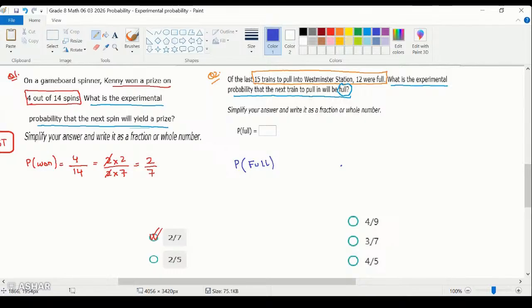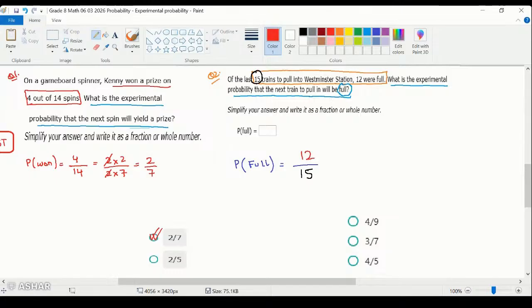Okay. How many total trains were there? There were 15 trains, right? And how many trains were full? They're saying 12 of the trains were fully occupied. 12 were fully occupied, right?